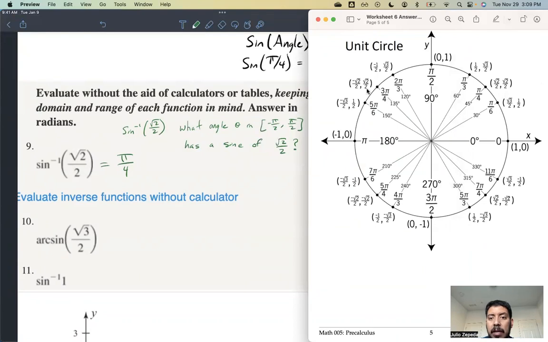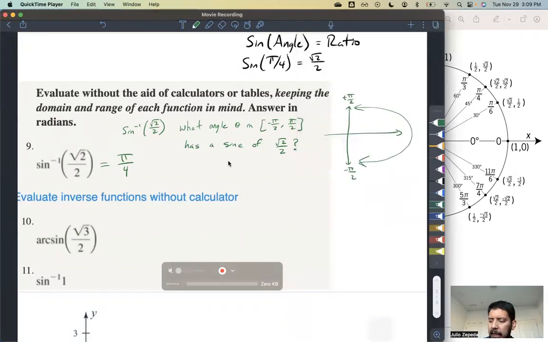Because if we take a look at the entire unit circle, there is another y value that is square root 2 over 2, and that is the sine of 3 pi over 4. But 3 pi over 4 is not an answer to this question, because we are using the inverse sine function, which has a specific range.